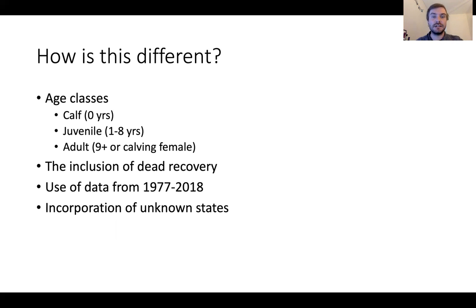We're also including the dead recovery of individuals, and we're using data all the way back from 1977 to help inform certain parameters within the model. And we're hoping to incorporate unknown states, so assigning individuals of unknown age class into a particular age class.